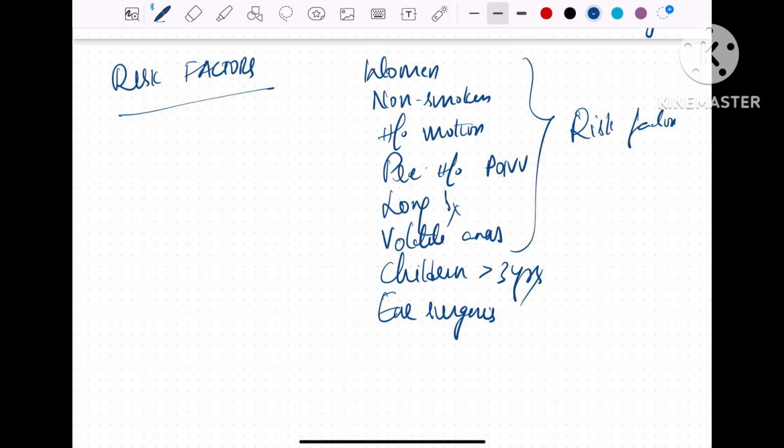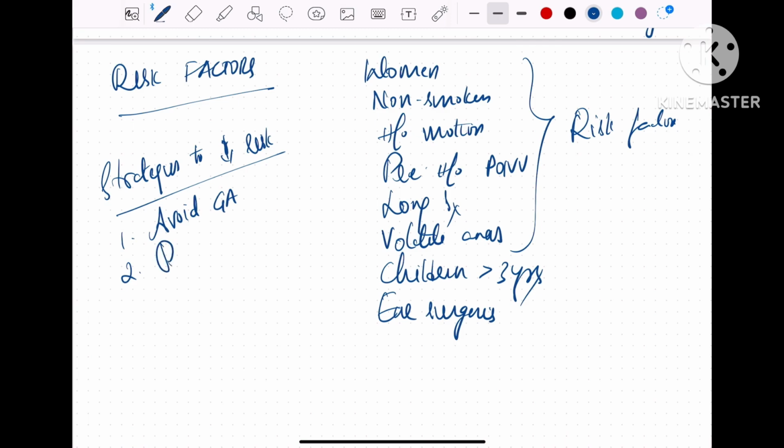Now we saw the risk factors. Let's see the strategies to reduce this risk. First, avoid general anesthesia. Use regional anesthesia whenever possible. If general anesthesia is needed, go with propofol for induction and maintenance of anesthesia.